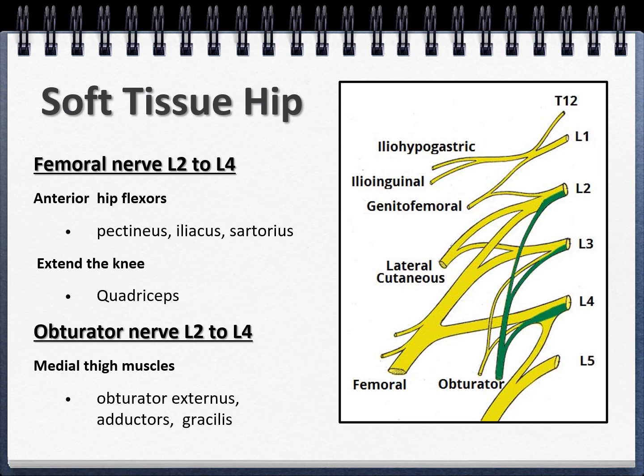So we need to know where the femoral nerve, the obturator nerve, and the sciatic nerve originate. So the sciatic nerve is L4 to S3, and the femoral nerve is L2 to L4, and the obturator nerve is L2 to L4 as well.